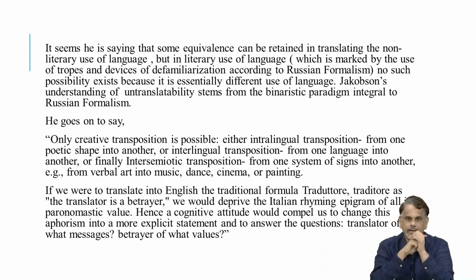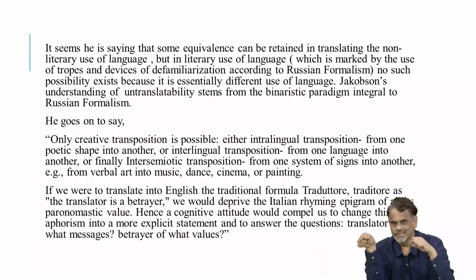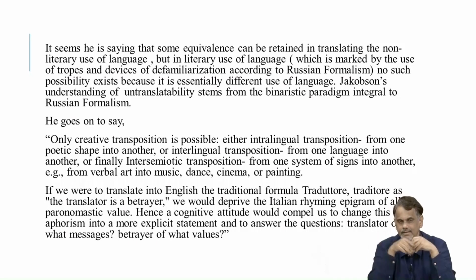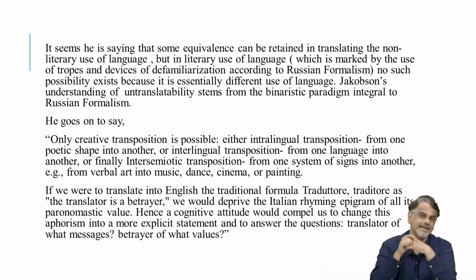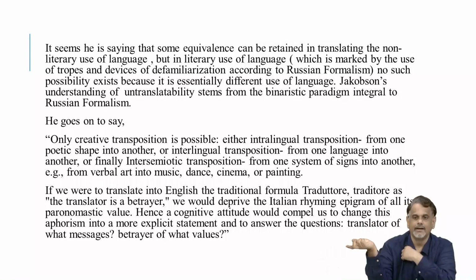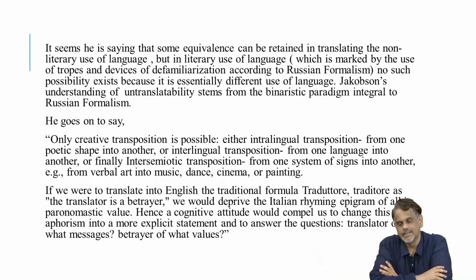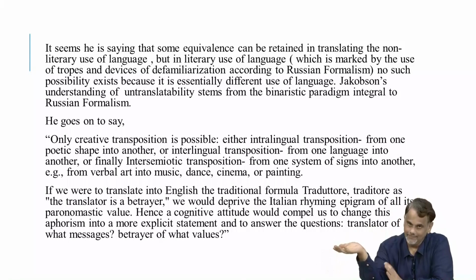So, the idea of linguistic relativism entails that translation is not possible, right. So, what you are basically saying in Edward Sapir and Benjamin Lee Whorf's framework is that communication that happens in one language cannot be communicated in another language, and Jakobson is arguing that this is not the case, and translation and communication between languages can always happen.